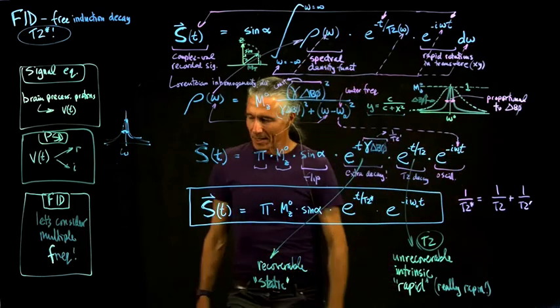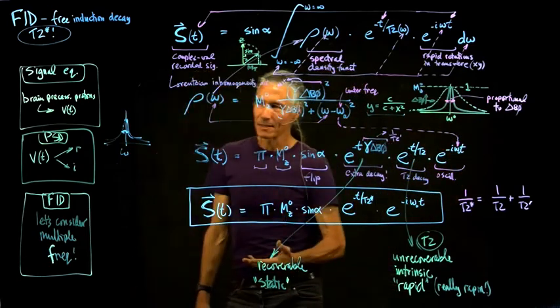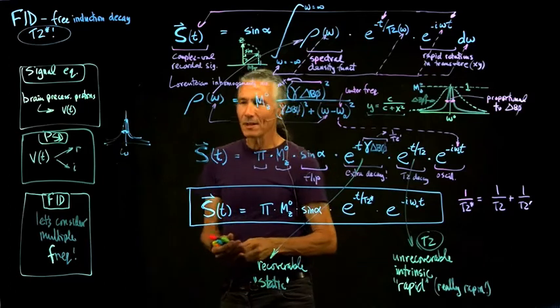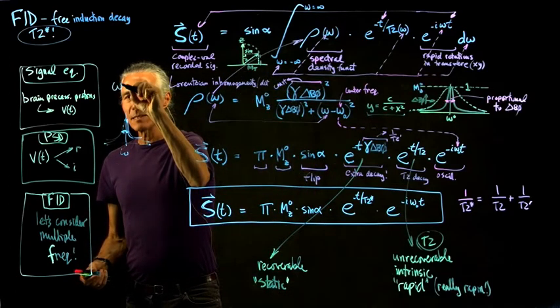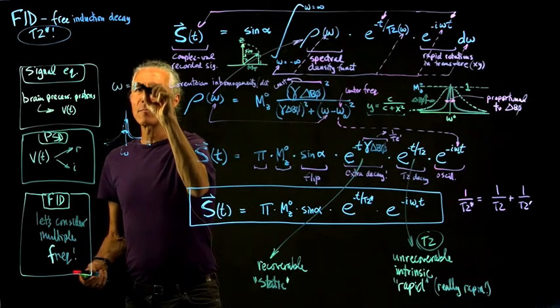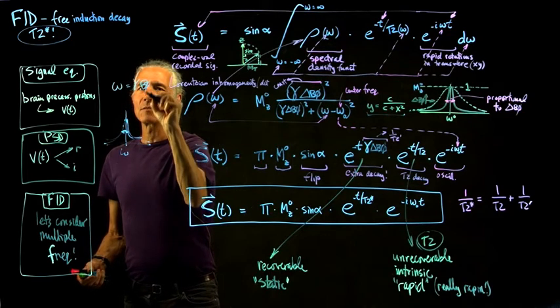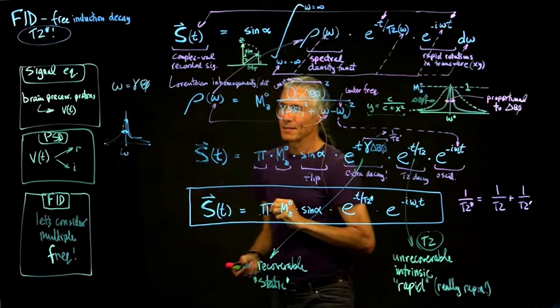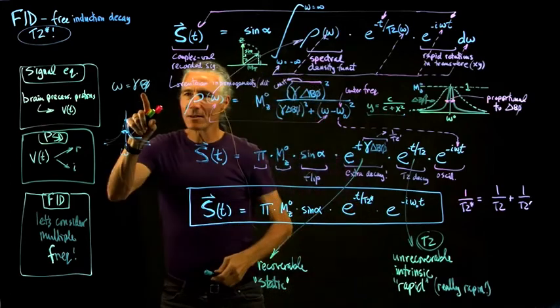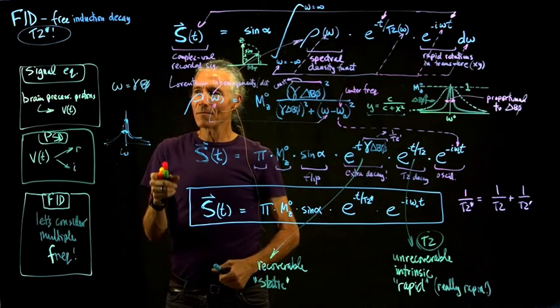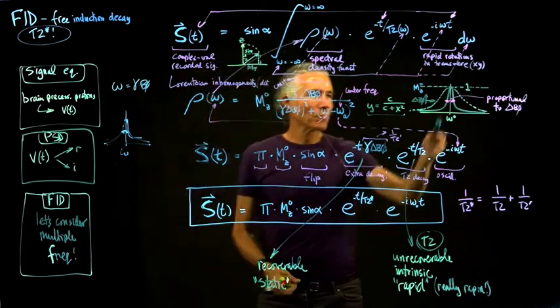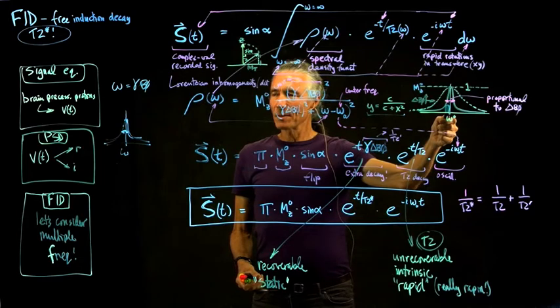That means something has gone wrong, because we know from our original equation that the frequency of precession equals gyromagnetic ratio times B0. That's it. So if B0 is the same, then the frequency should just be a spike. There should be just one frequency. So why do we have this? Something must have gone wrong.